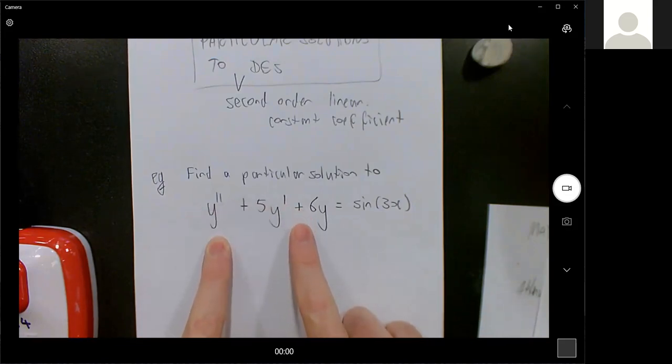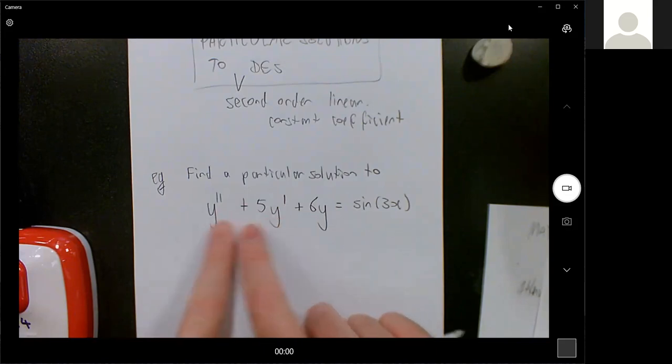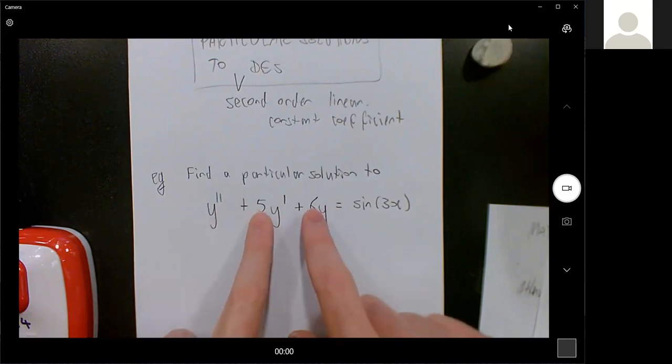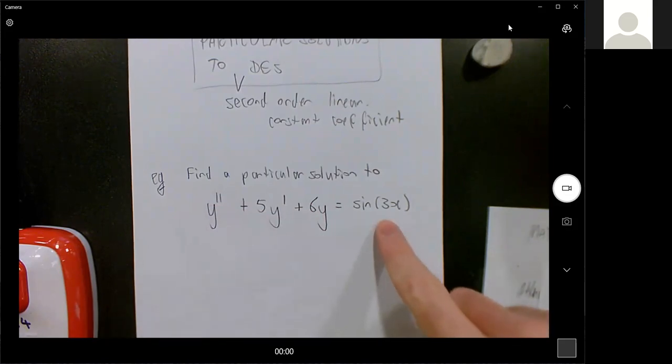It's a linear differential equation because the only way that the derivatives of y have been combined is by multiplying them by stuff and adding them together. It's a constant coefficient linear differential equation because the things that the y and y dashes have been multiplied by are constants. And it's second order because there's a y double dash. Sweet, okay. But it's not homogeneous because this is not 0.